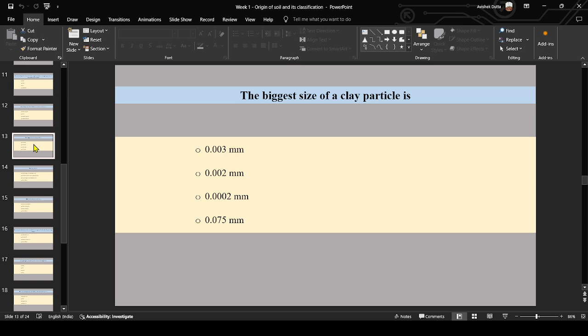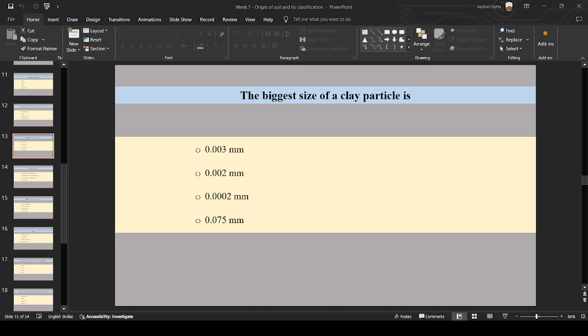In other terms, we can also convert these units into microns. The first option will be 3 microns, the second option will be 2 microns, the third option will be 0.2 microns, and the fourth option will be 75 microns. Whichever unit you are comfortable in, you can write.